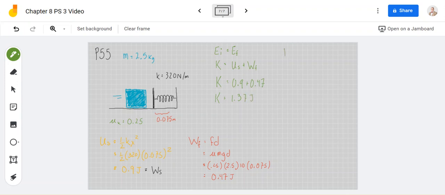Now, I also know that kinetic energy is equal to 1/2 mv squared. So if I set these two things equal, again, mass is 2.5, I can find the speed. Speed was, oh, look at that, 1 meter per second. That wraps up Chapter 8, problem set 3.